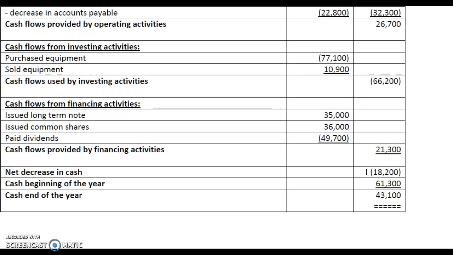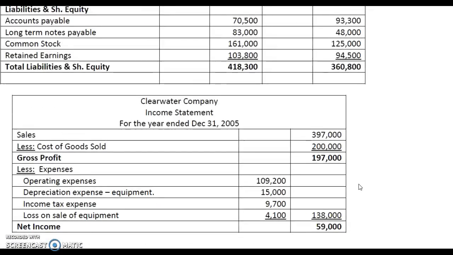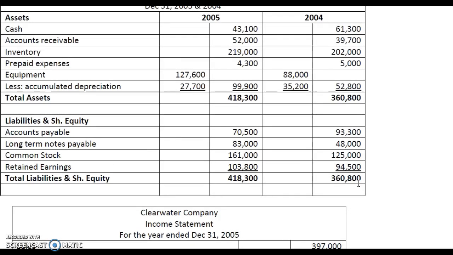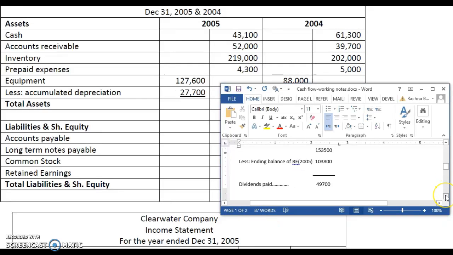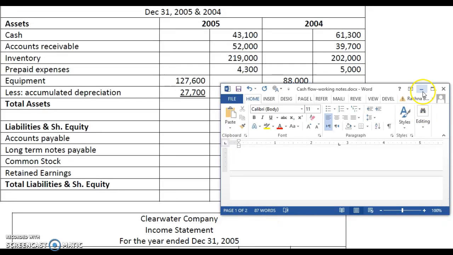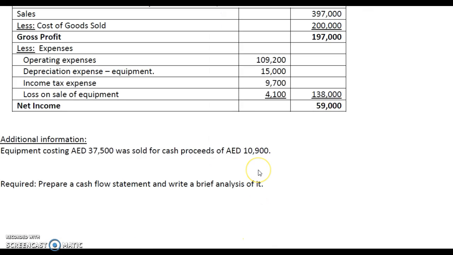Since it is a minus amount, it's a net decrease in cash, to which we will add the beginning balance of cash, which we bring forward from the balance sheet. As you can see, beginning balance of cash is 61,300. So 61,300 is our beginning balance of cash, which we add to the net decrease in cash.